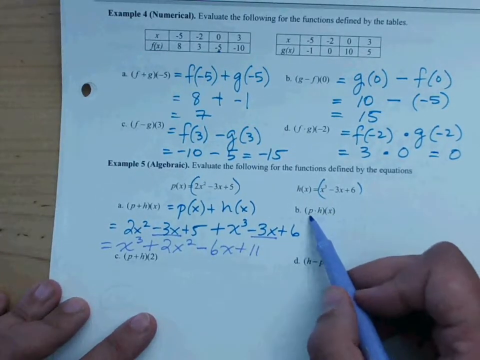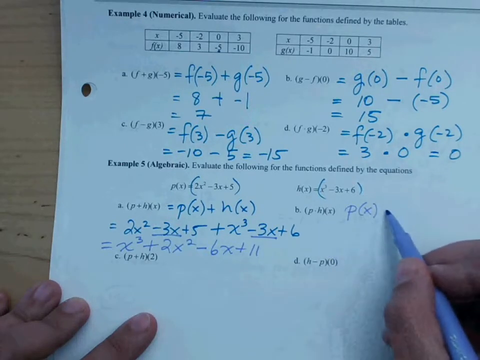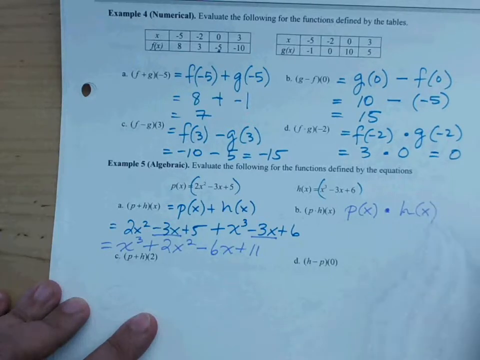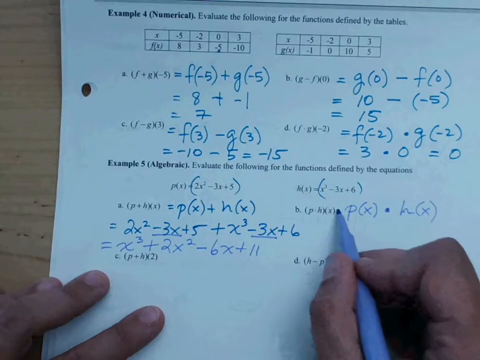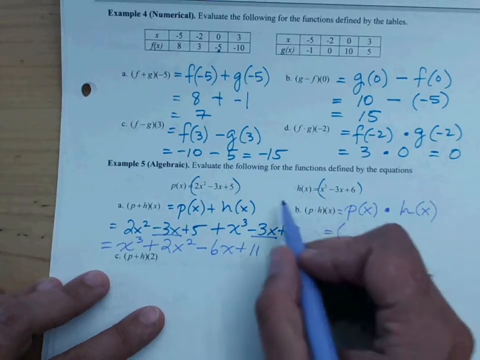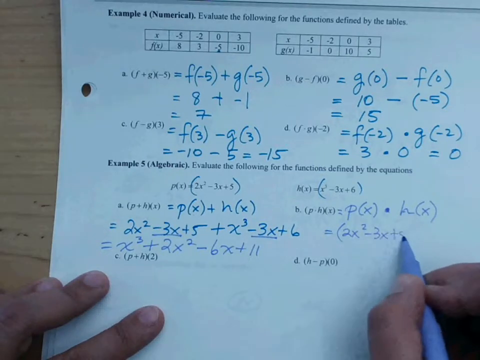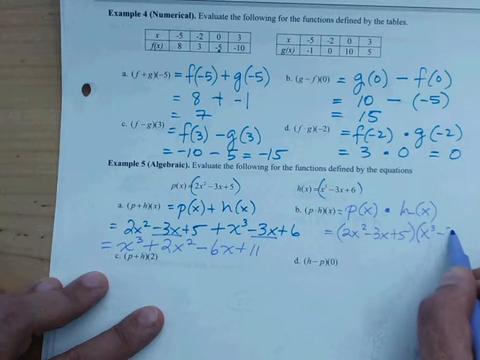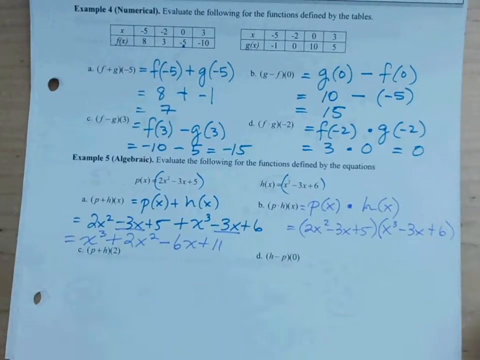Now here, what is this saying? This is saying to take p of x and do what? Multiply it by h of x. And I'm probably going to have to do this actually on the last page because notice what happens. If I multiply this 2x squared minus 3x plus 5 times x cubed minus 3x plus 6, do you see that I have to more than FOIL it?